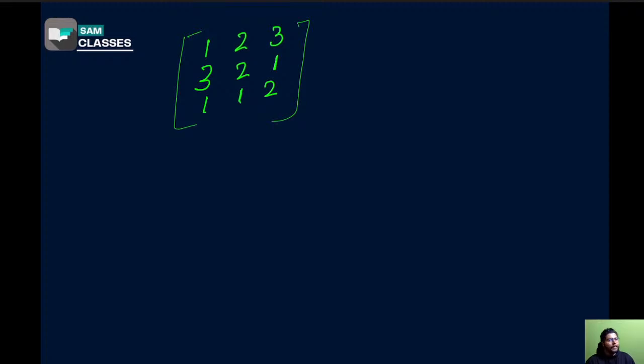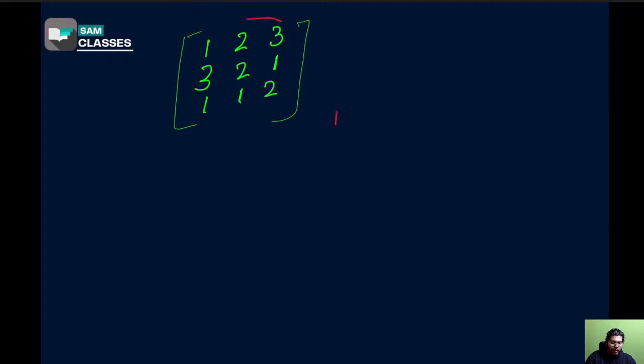Lucky is supporting, minus 4. Keshav also minus 4. Heat, minus 4. Everybody is going with minus 4 only. Is it correct? What do you say?